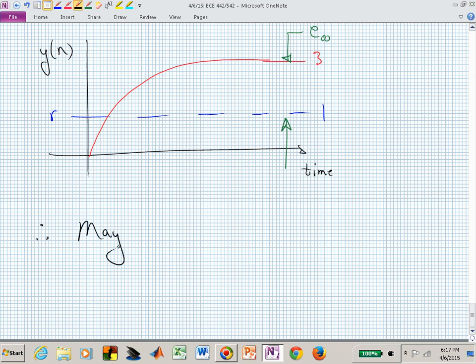Therefore, we may need a different controller structure. Right?